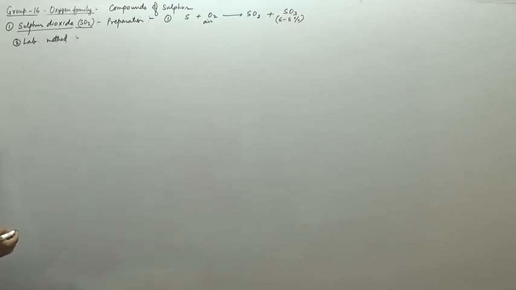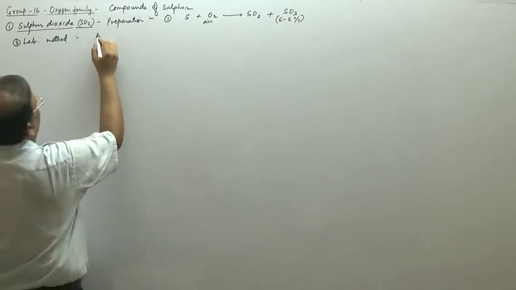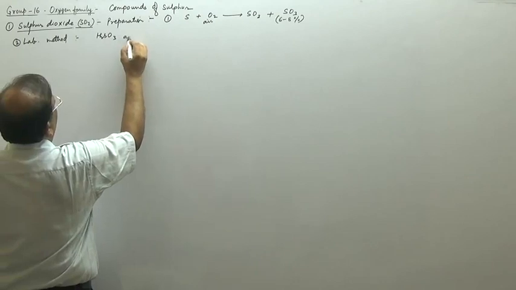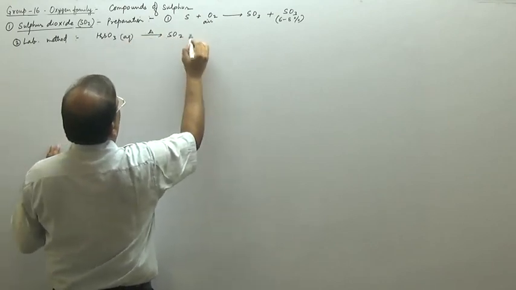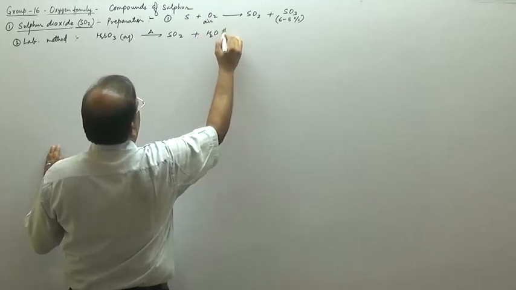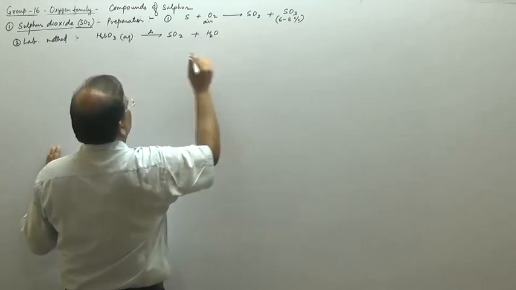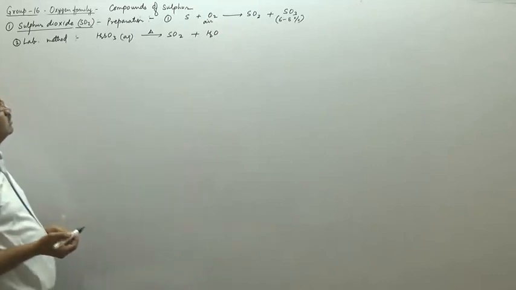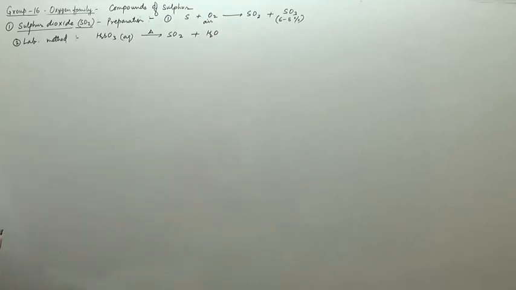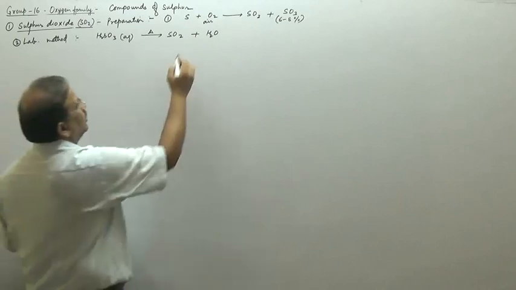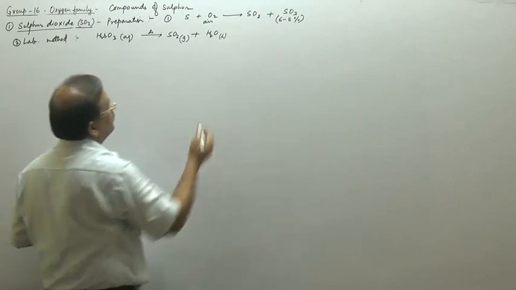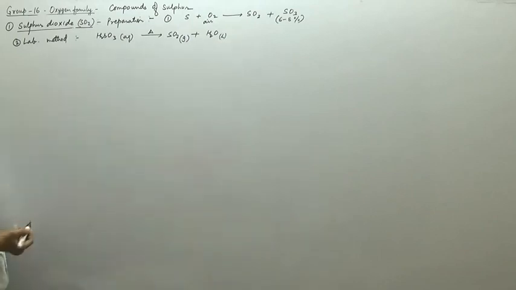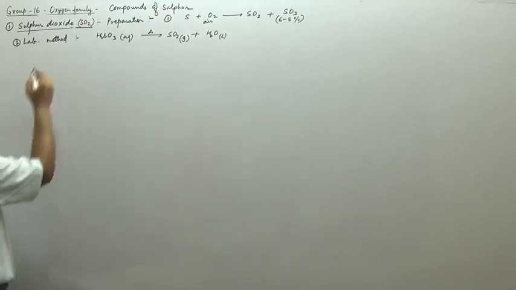When aqueous H2SO3 is heated, we get SO2 plus H2O. When aqueous H2SO3 is heated, we get SO2 in the gaseous state and H2O in the liquid state. So that is what we get on slow decomposition. That is how we can get the lab method.